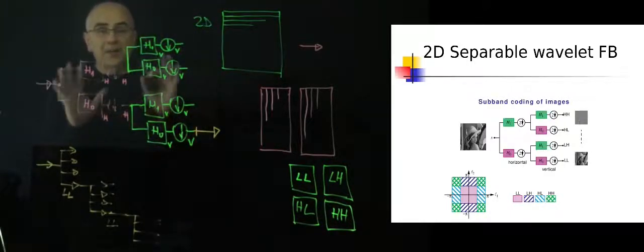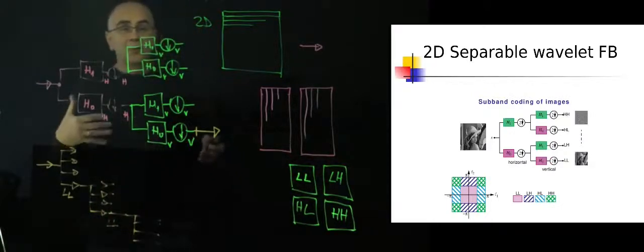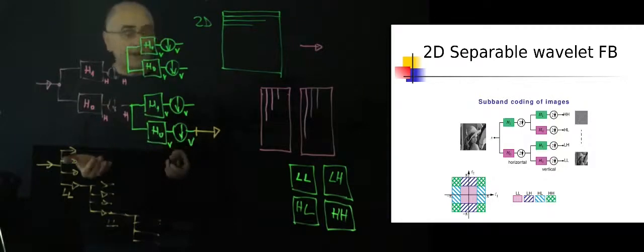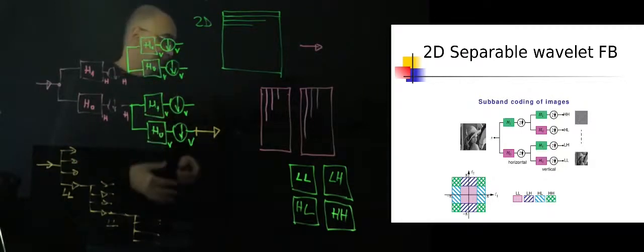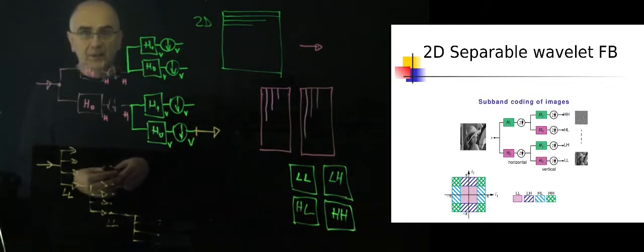Each of them represents a part of the spectrum. It's easy to see that high pass corresponds to the outer parts of this two-dimensional spectrum, and the mixed parts correspond to some orientations like diagonal or something like that. So much about multidimensional wavelets.